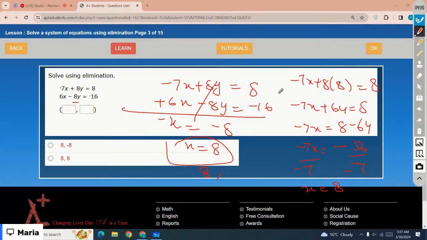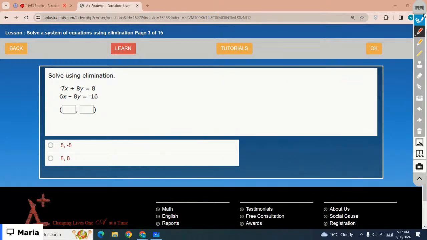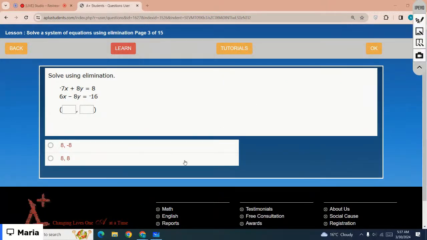That is, option number 2 is the correct option, right? For the next one, you have to solve it. Solve the question and write the answer in the chat box.